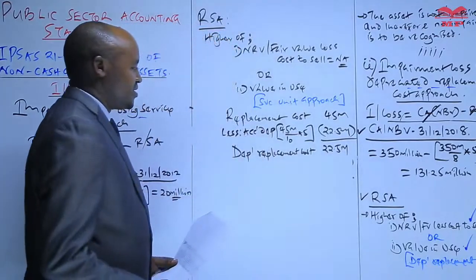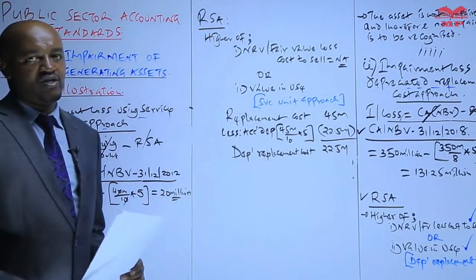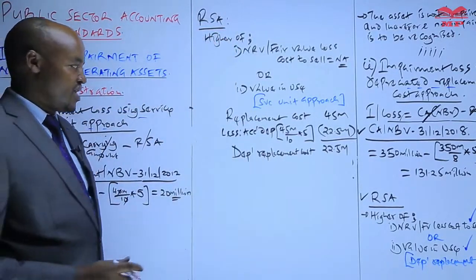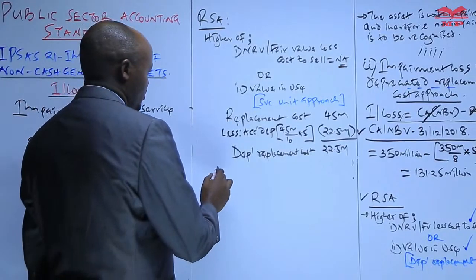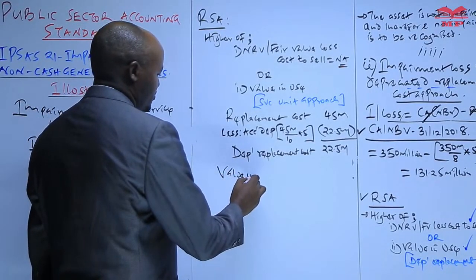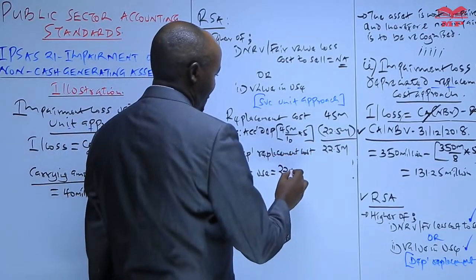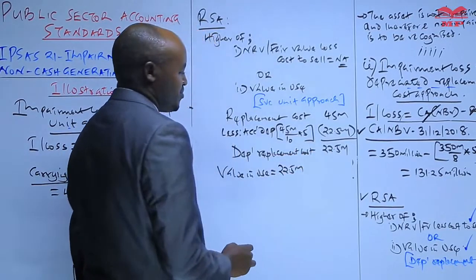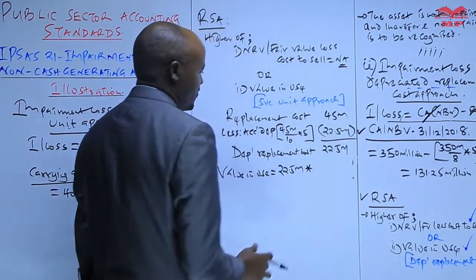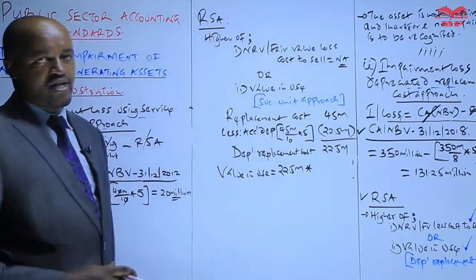So having this depreciated replacement cost in the service unit approach, to get the value in use, we take the depreciated replacement cost and multiply it by the proportion of the remaining service potential.